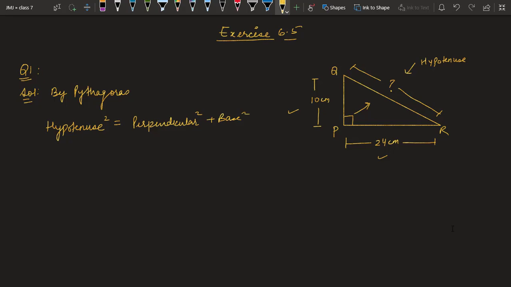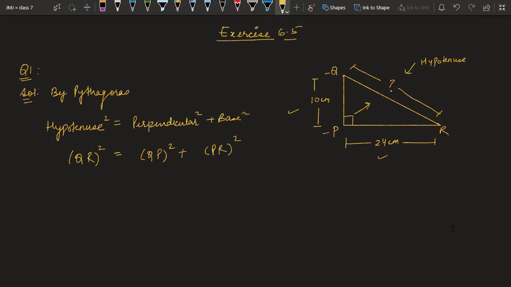In our case, hypotenuse is given by side QR is equal to perpendicular. Let us take QP as the perpendicular. So QP whole square plus base is PR.